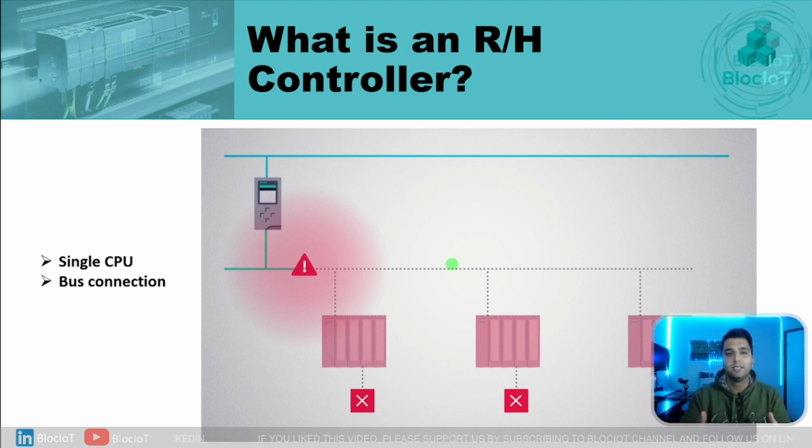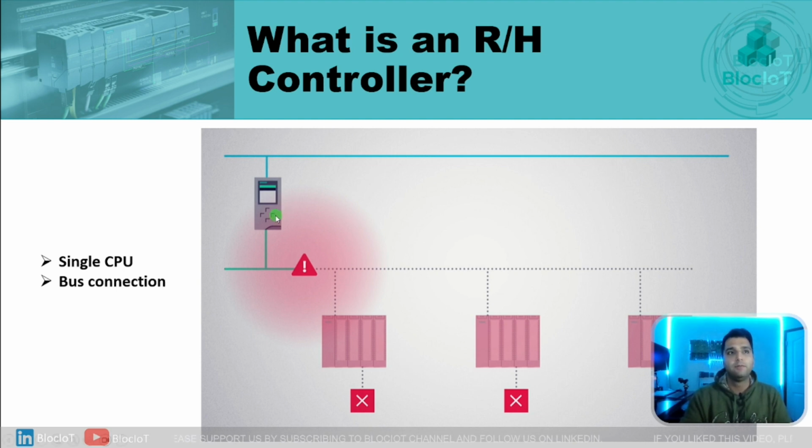As you can see in this slide, in the traditional or standard way, we have a CPU or PLC sitting in a control cabinet somewhere in the plant, and several other components are connected to that CPU to transfer information from the plant to the CPU, or to send commands from the CPU to the actuators and other devices.